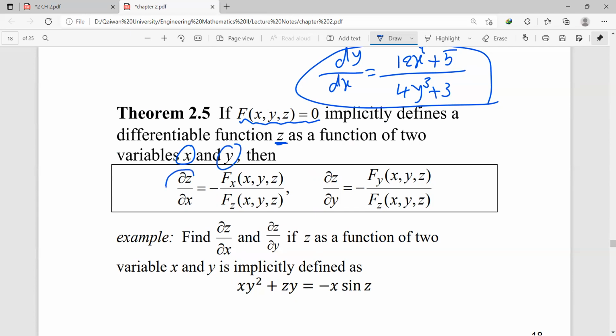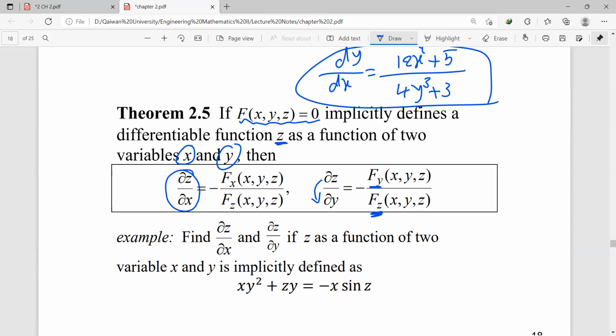We say partial z by partial x equals, it's the same rule, but here we have three variables. Partial z by partial x equals minus f sub x over f sub z. And partial z by partial y equals minus f sub y over f sub z.